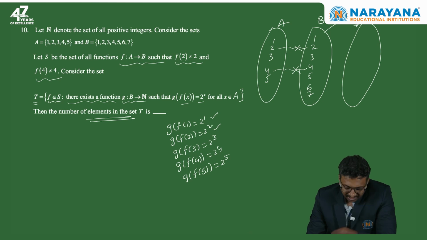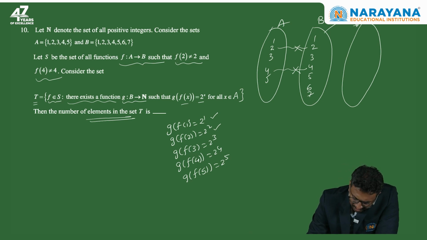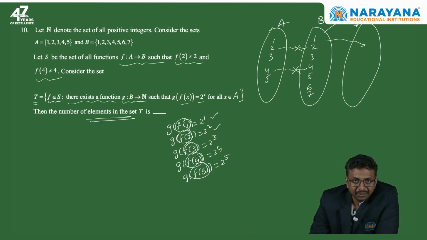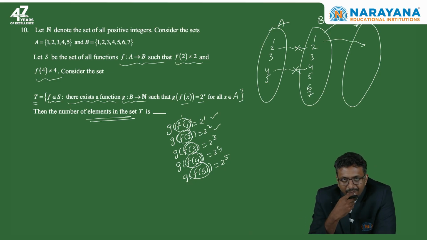So the only thing that you can observe in this question is that f of 1, f of 2, f of 3, f of 4, f of 5 cannot be equal to each other. All of them have to be distinct. As long as f of 1, f of 2, f of 3, f of 4, f of 5 are distinct, you can take them to different numbers, right? Because if f of 1 is equal to f of 2, then g of the same number cannot be 2 power 1 as well as 2 power 2.